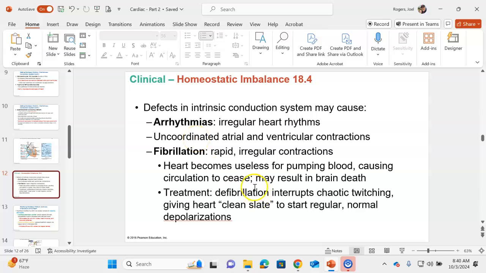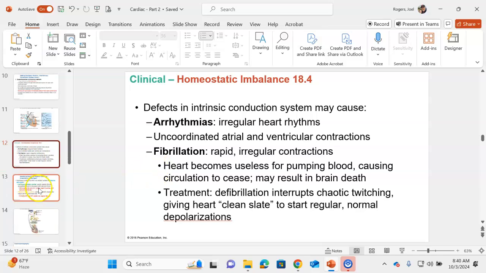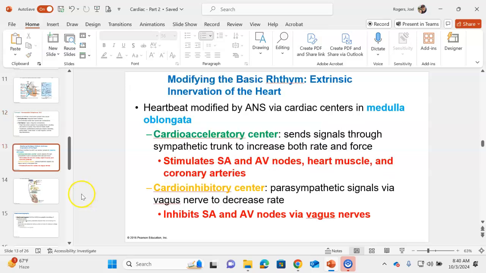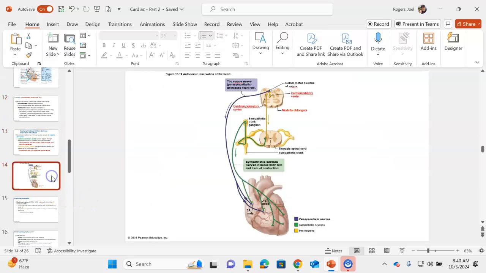Not all are, but some of them, if not treated immediately and properly, could result in death. And so that's obviously not ideal, whether it's defibrillation or something called cardioversion, some arrhythmias need to be dealt with extremely quickly.